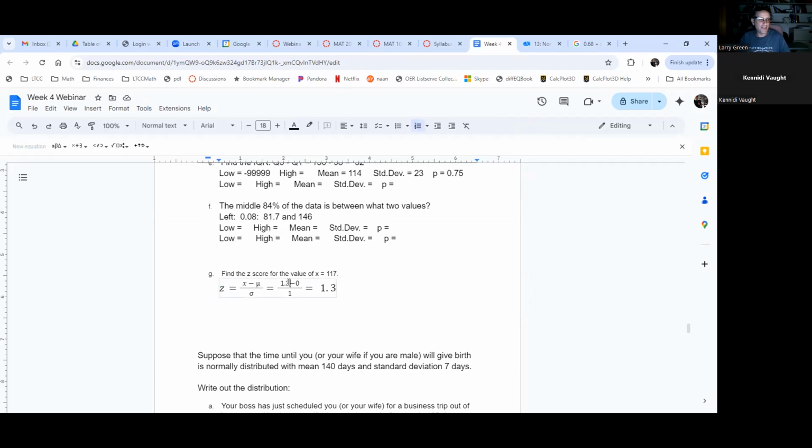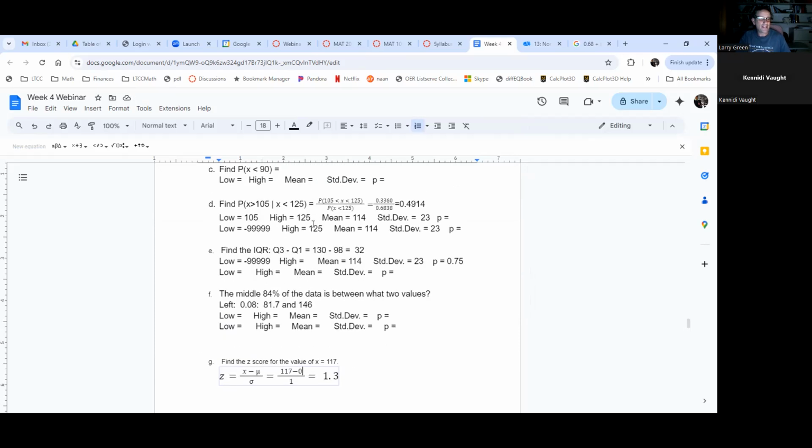X now is 117. Mu is not 0 anymore. Mu now is 114. Sigma was 23. And then we've got to calculate that.